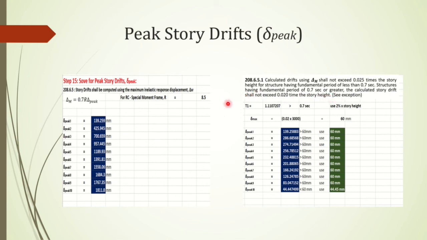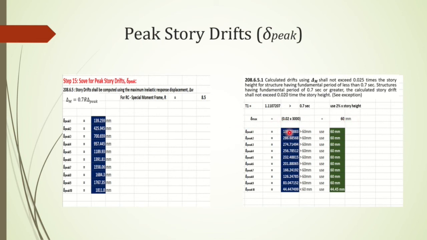Sa exception, since ang T1 po natin ay 1.11, which is greater than 0.7 seconds, then use 2% times story height. Dito po tayo magbabase sa 0.02, hindi po tayo magbabase sa 0.025. So, ito po yung maximum drift natin, 0.02 times 3,000 mm, which is the height per floor po natin, is equal to 60 mm. Now, yan po yung maximum.